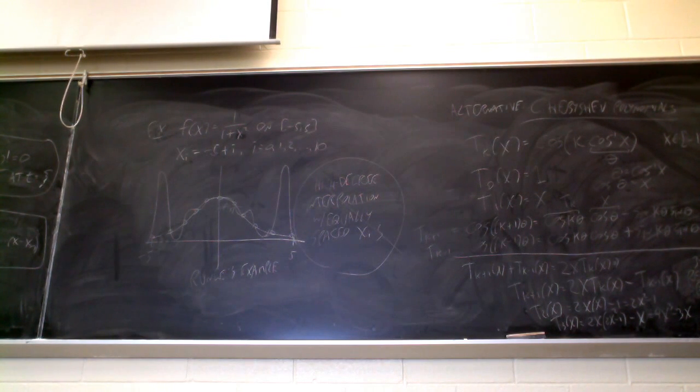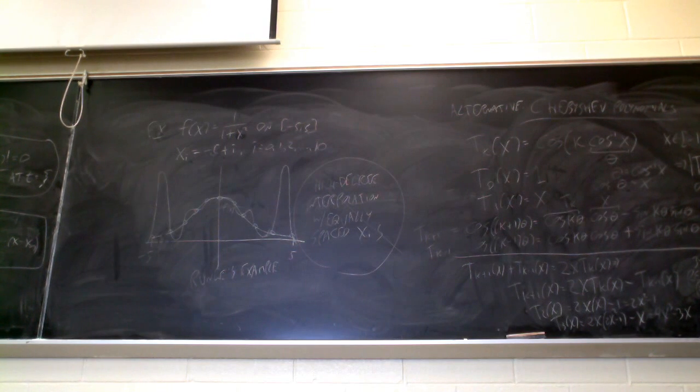Now, how does this help us with our error? Well, T_k is defined to be a cosine. How does cosine behave, like the values of cosine? Oscillate between what? Yeah. So we can say that the absolute value of T_k of x is less than or equal to 1. Now I've only defined these on minus 1 to 1.